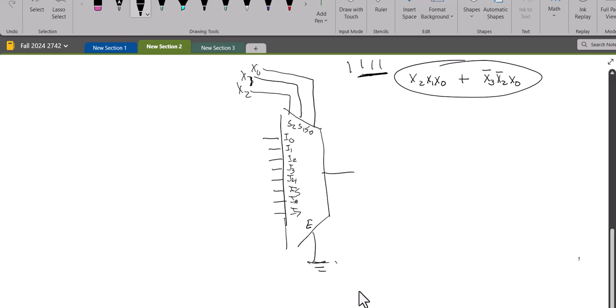And then remember, the way a multiplexer works is it looks at the select, and whatever binary number these select bits are, that's what the output is going to be. So for example, if x2, x1, x0 is 1, 0, 1, which is 5, then whatever is input into I5, say it's 1, that would be what the output is.